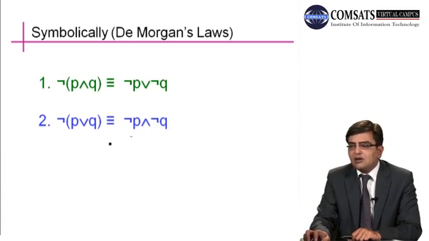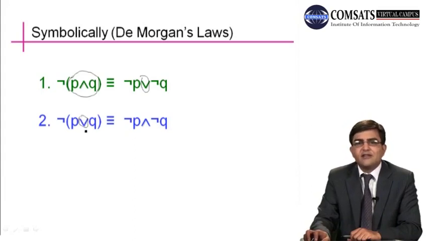In these two laws, we can notice that the negation operator, when it operates on the conjunction of two propositions, converts the conjunction into a disjunction, and the two propositions are negated. This is the first law of De Morgan. Similarly, in the second law of De Morgan, if we operate the negation on the disjunction of two propositions here, this sign is obviously, as we have studied in the previous lecture, the disjunction.